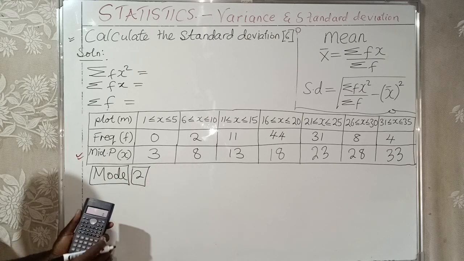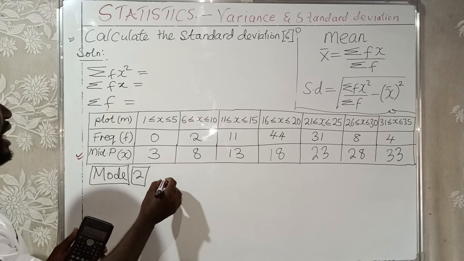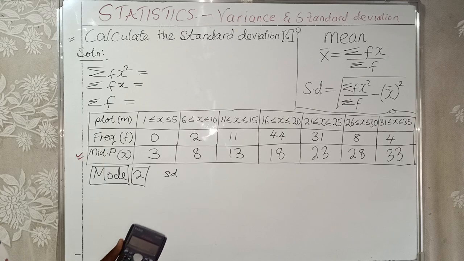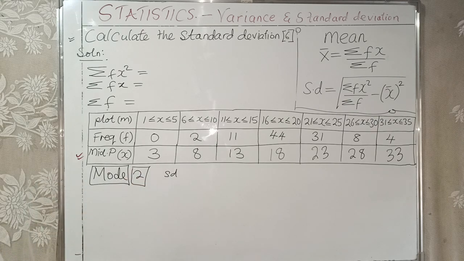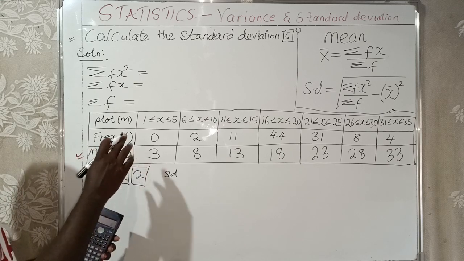When you do this, you see SD appear on top of your screen. When you see SD, your calculator is already in statistical mode, and you can start feeding the calculator the midpoints and the frequencies.